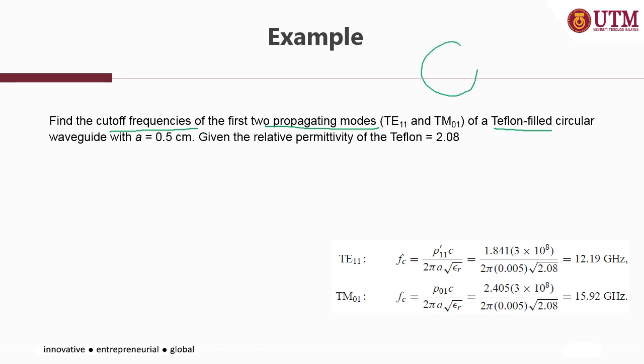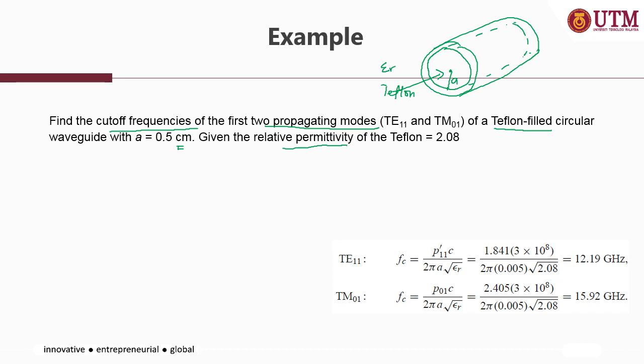So you have a circular waveguide filled with a Teflon dielectric material, and a is given as 0.5 cm. Again, please make sure you consider the unit in your calculation. The relative permittivity of the Teflon, epsilon r, is 2.08.